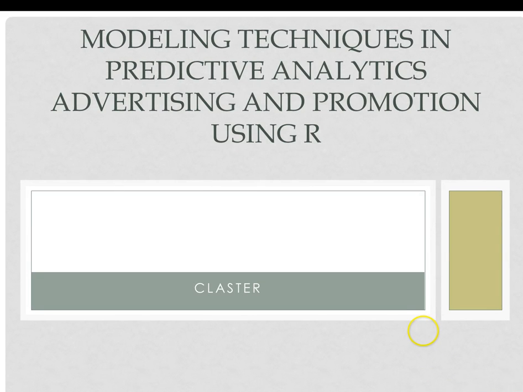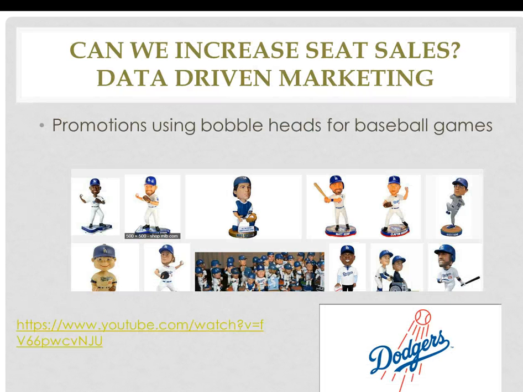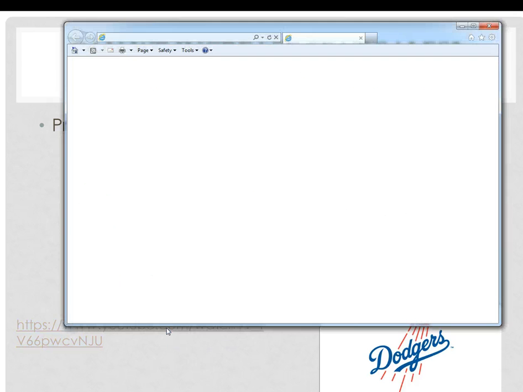Okay, so this is Modeling Techniques and Predictive Analytics, advertising and promotion using R. I think I showed you this last week, right? These are bobbleheads for the Dodgers baseball team. And actually here, if I can get this to run. How do I turn on the volume here? Let's see.